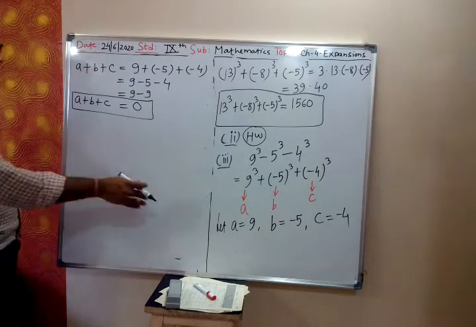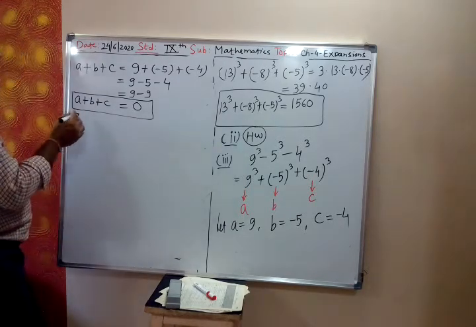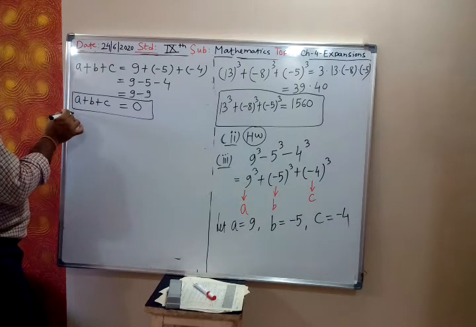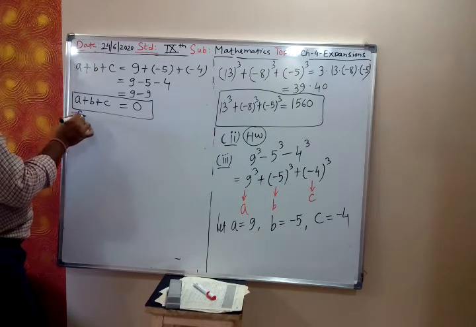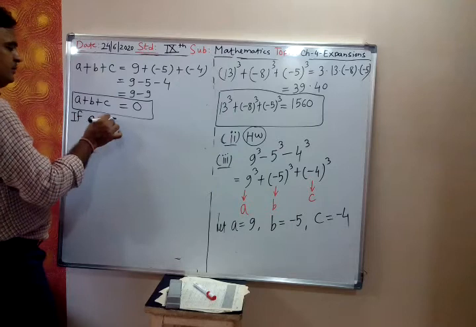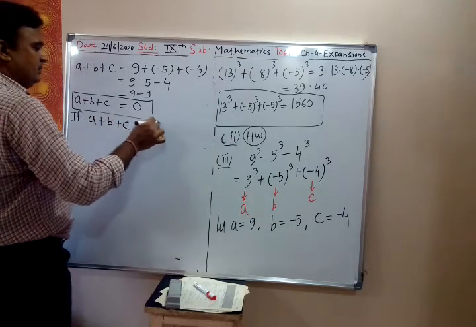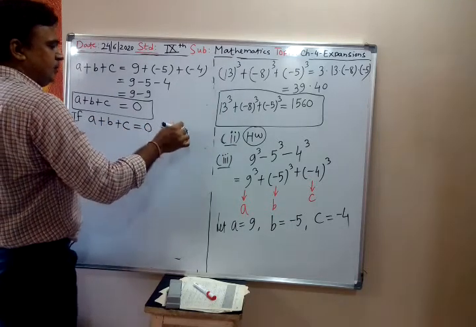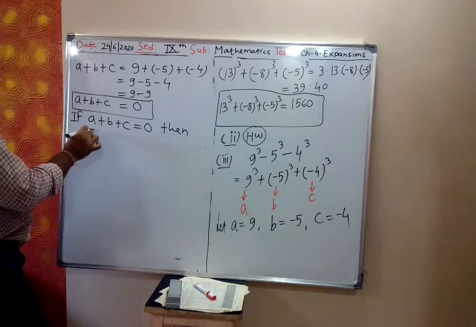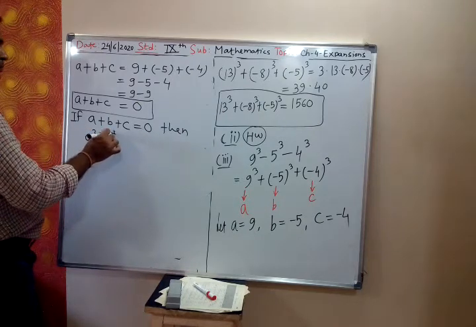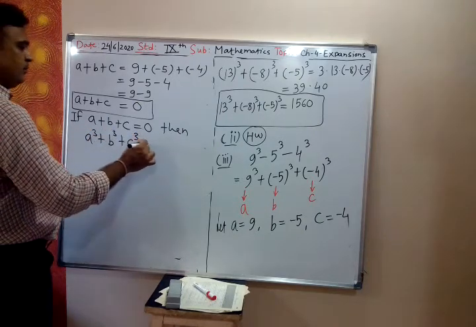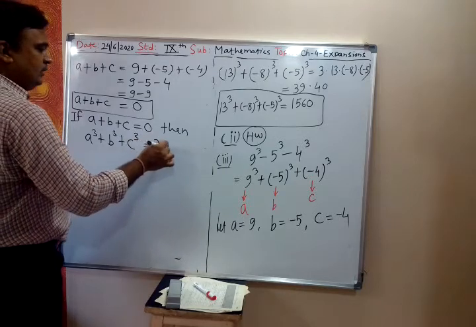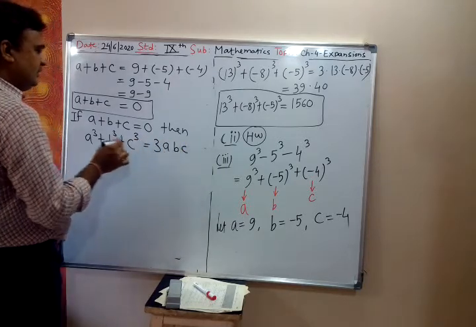Now A plus B plus C is 0, so we apply the property. If A plus B plus C is 0, then the property says that A cube plus B cube plus C cube is 3 into A into B into C, 3ABC.